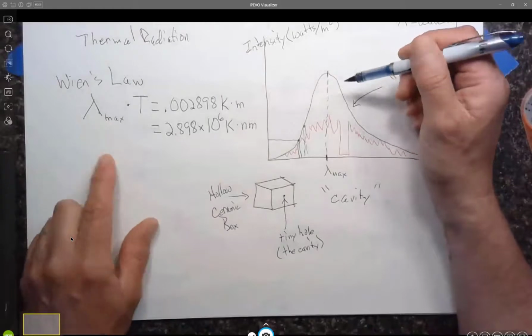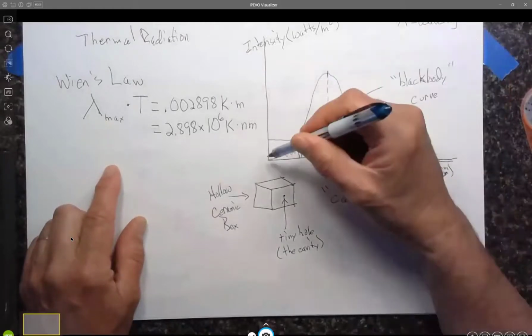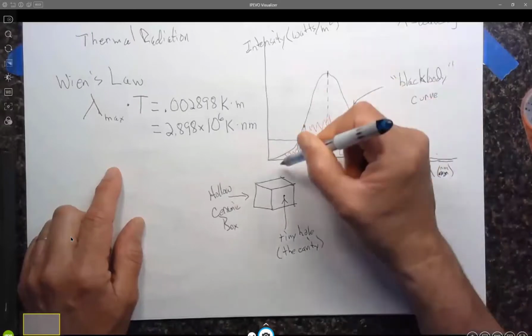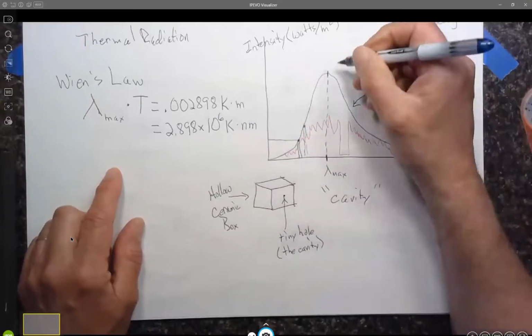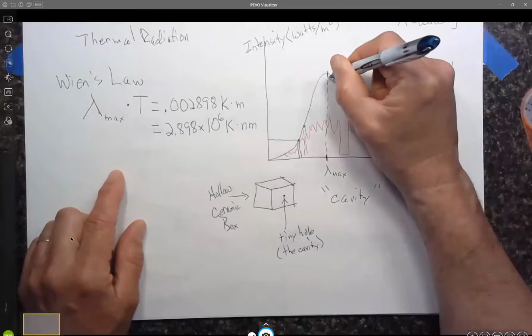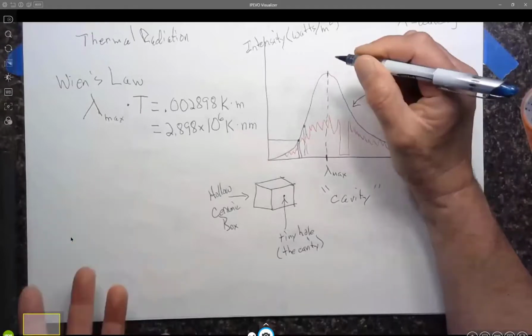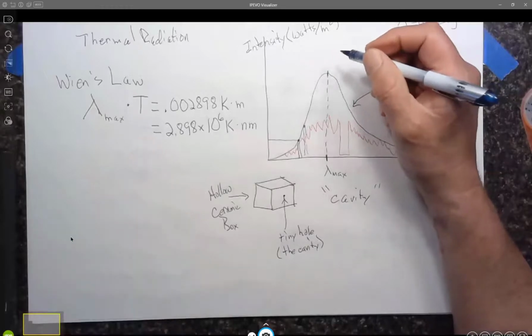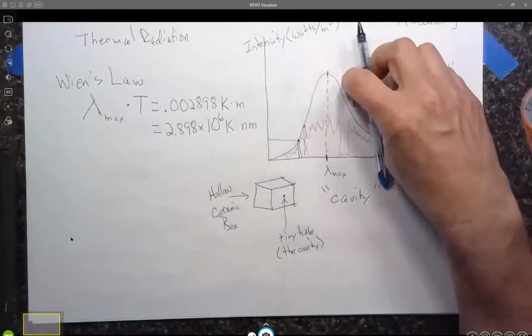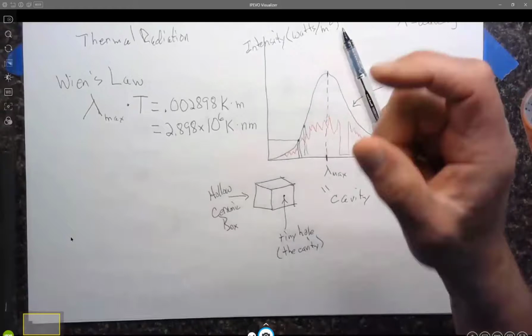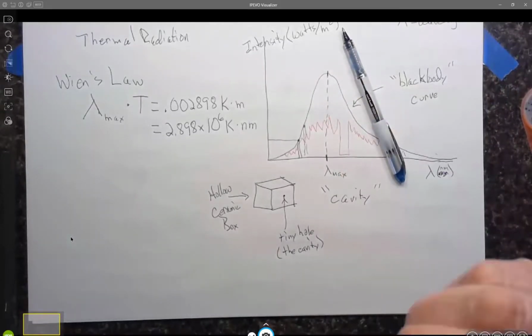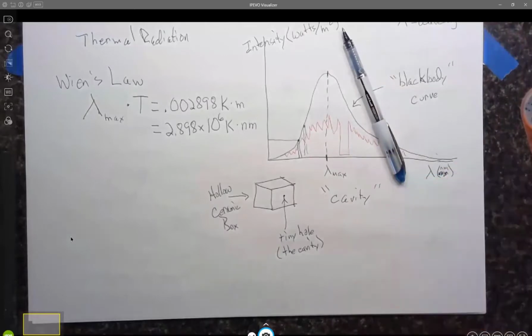Or if you complete one of these thermal radiation curves like this, study the light coming from it, and find the wavelength at which it gives off the most light, you can use that for determining the temperature of the object. This is actually used in the types of thermometers, for instance, where you can just aim a probe at someone's forehead and measure their temperature that way, something that's becoming somewhat common nowadays.